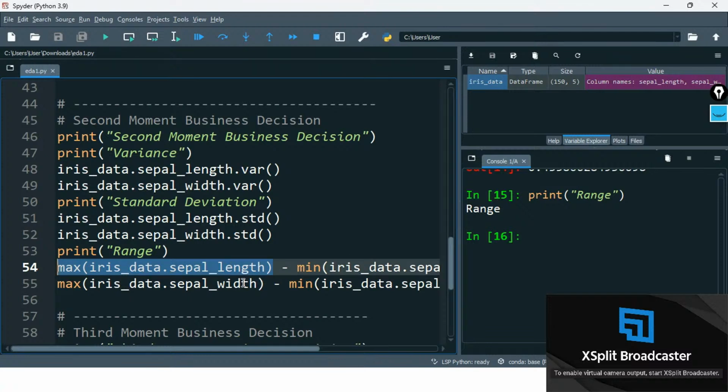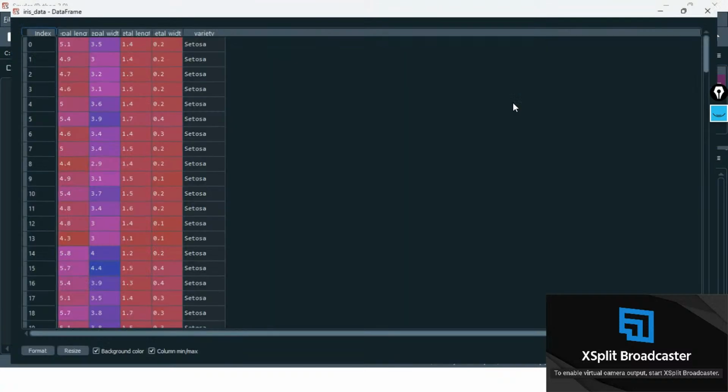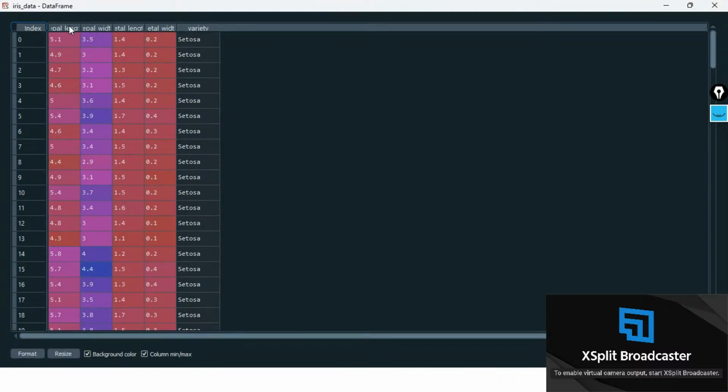Even selection can be done, guys. Select only the maximum of iris underscore data dot sepal length. This will return the maximum value present in that column, 7.9. If you don't agree that 7.9 is the maximum value present in sepal length column, open this data set. The first column is sepal length.